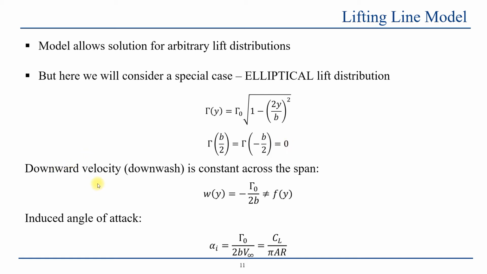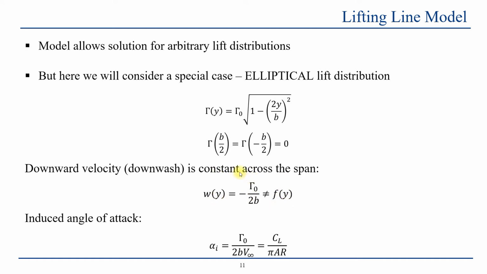Then for the downward velocity, or the downwash, which we said is caused by the airstream acting on the airfoil, we will get w as a function of span location to be a constant value in this case: negative the maximum value of circulation gamma naught over 2b, which is the span. And as you can see, it is not a function of the location on the span, it is a constant value.